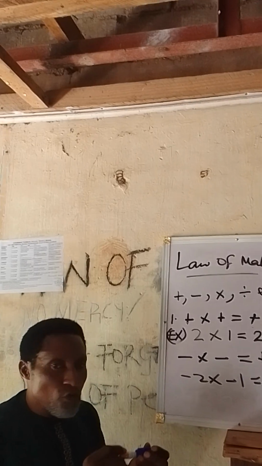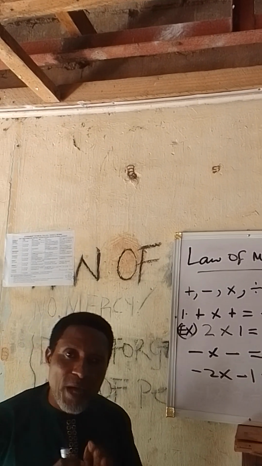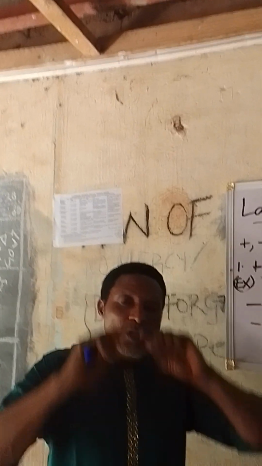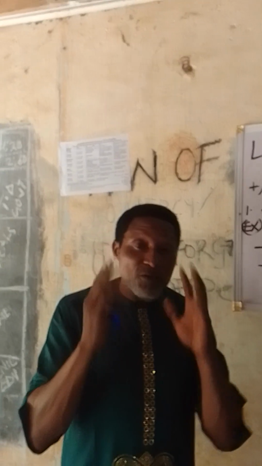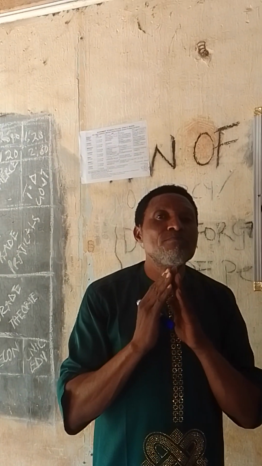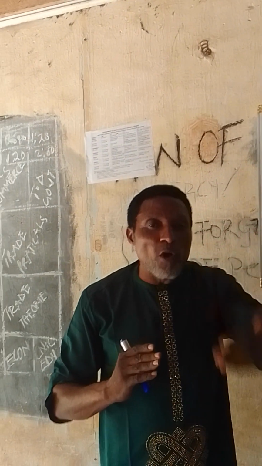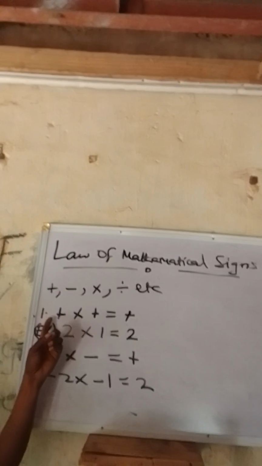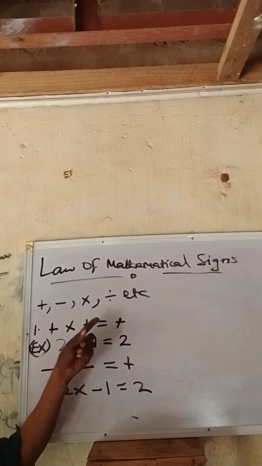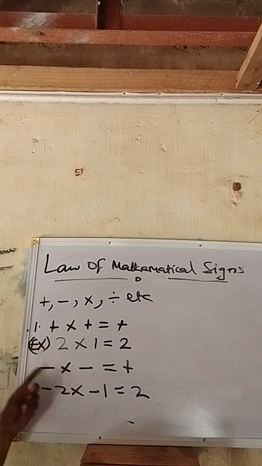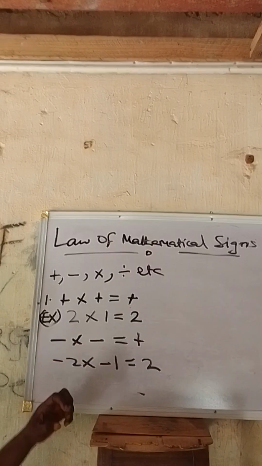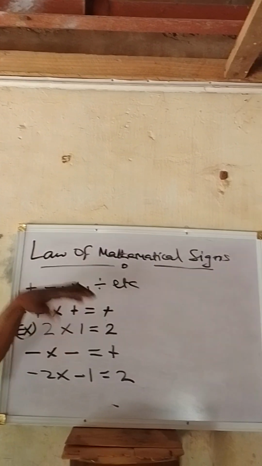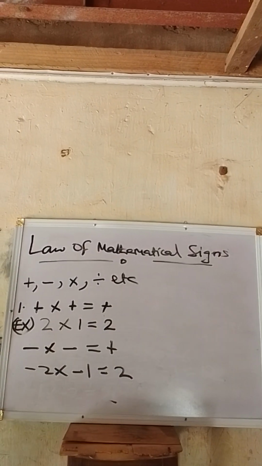So one of the laws you must have in mind is that when you are multiplying two numbers of same sign, mark you that the result will be positive. Like you can see here, law 1 says plus times plus is plus. Law 2 says minus times minus is plus. So multiplying numbers of same sign will end up having positive as a result.